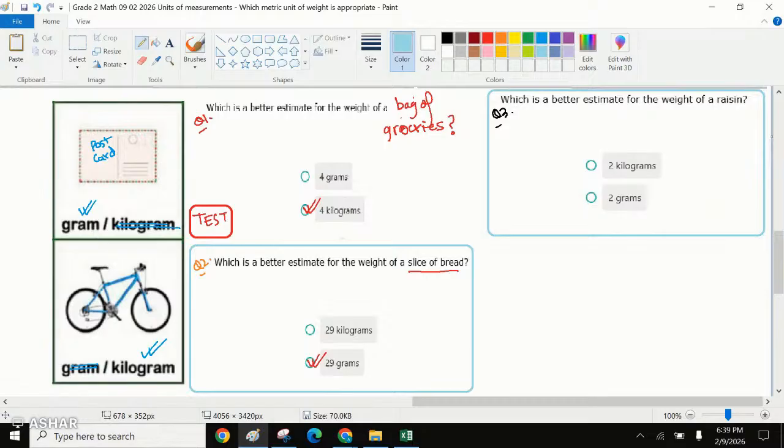A raisin is a dried grape. So it has to be very light in weight. The weight of the raisin has to be 2 grams, okay?